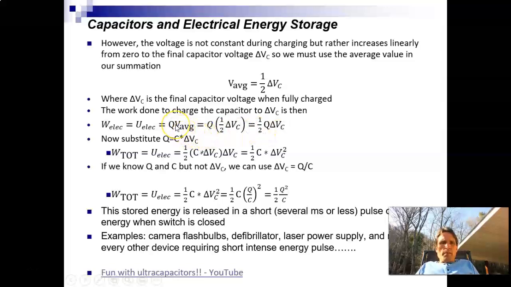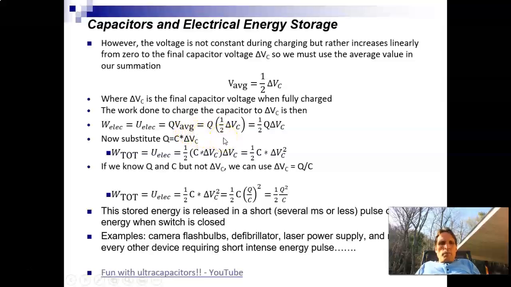I tricked you, but we use what's called the mean value theorem, which you may remember from Calculus 2, which says that the integral, the area under the curve, is equal to the product of the horizontal distance, which in this case is Q, times the average voltage.